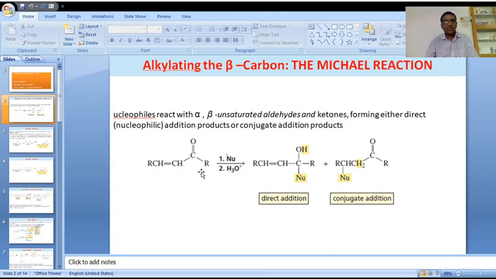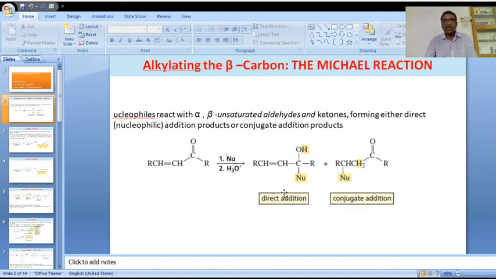This alpha beta unsaturated ketone on reaction with the nucleophile can form either a direct addition product, where the nucleophile attacks the carbonyl. The pi bond cleaves, oxygen becomes negative, and that negatively charged oxygen abstracts hydrogen from water.